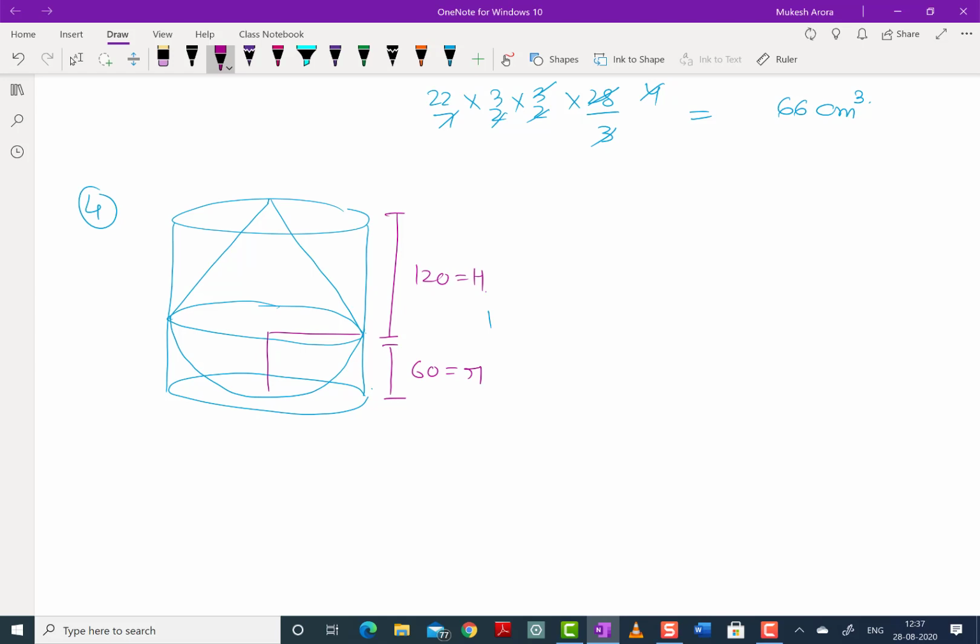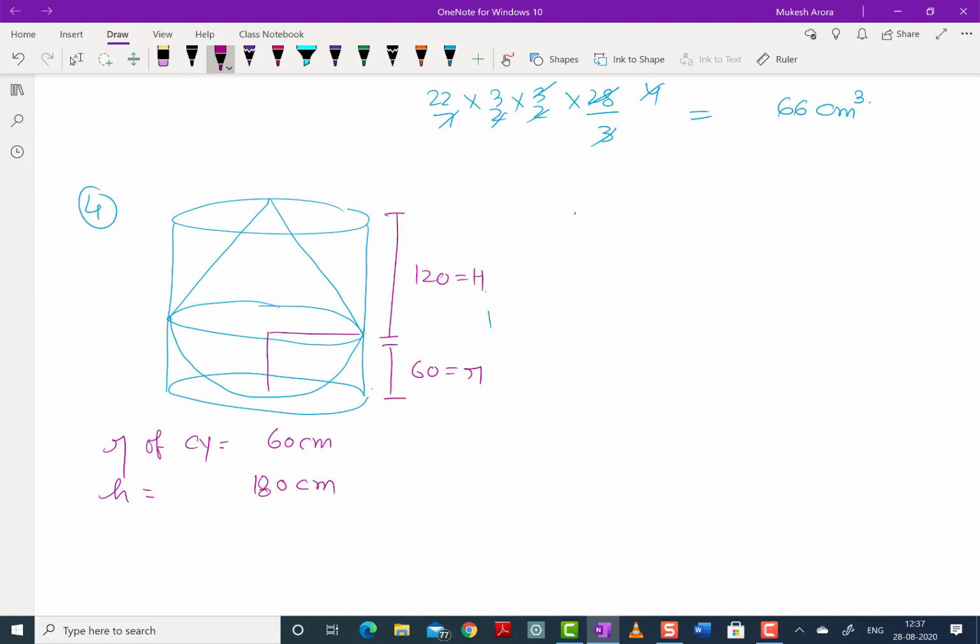It is placed upright into a cylinder full of water such that its top touches the bottom. Find the volume of water left in the cylinder if the radius of the cylinder is 60 centimeter and height is 180 centimeter.